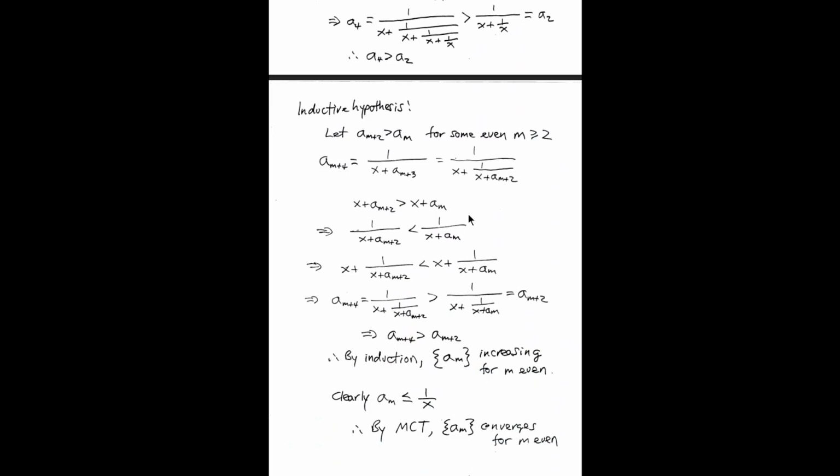And of course, it's very clear that looking up here at our original definition of a_k, this big blob right there, that's always a positive thing. So no matter what k is, a_k is going to be less than or equal to 1 over x. In the case k equals 1, it'll equal 1 over x, I suppose.